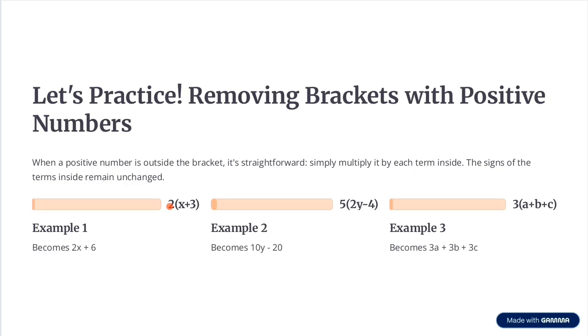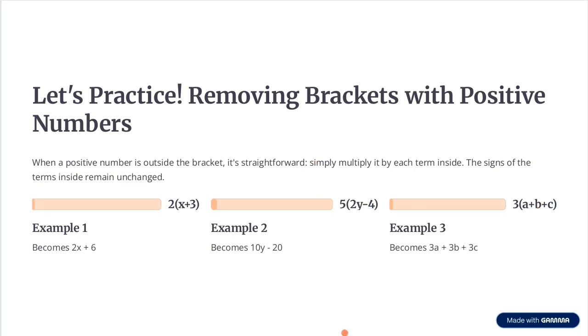Did you see that? Yes. Okay. So in this case, what you do is simply multiply the number outside the bracket by each term inside. The signs of the terms inside the bracket remain unchanged. Here, this is plus, it remains plus. Here, this is minus, it remains minus. Here, there are two plus signs, they remain the same.